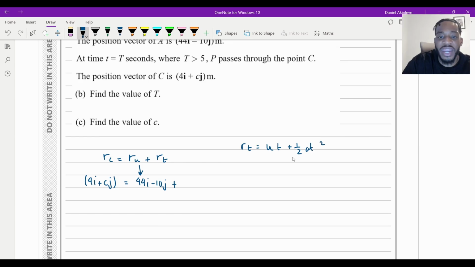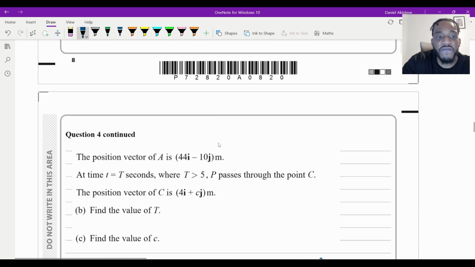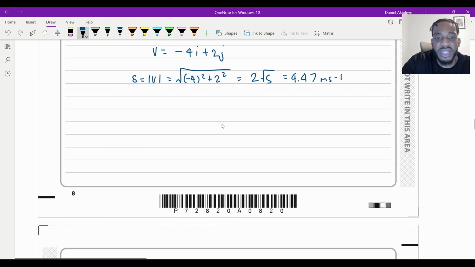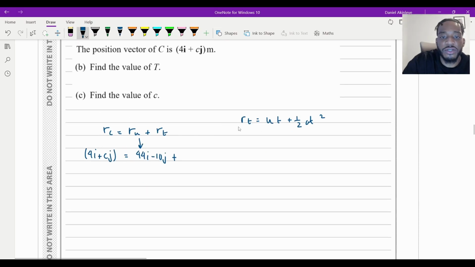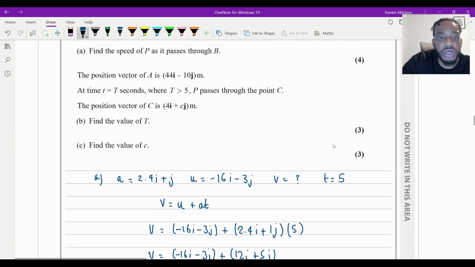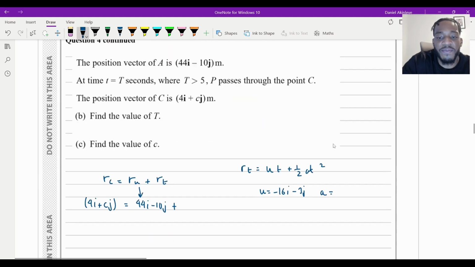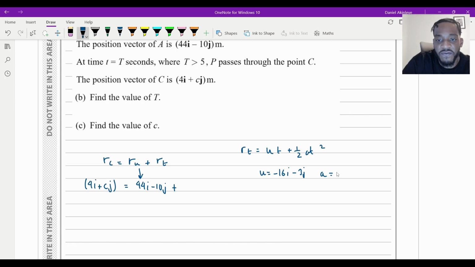Now, we know u and a from part A. u was equal to minus 16i minus 3j, and a was equal to, I believe, 2.4i plus j.